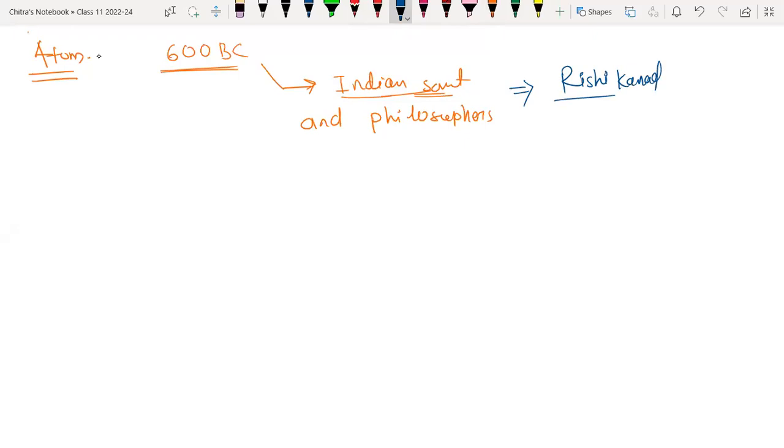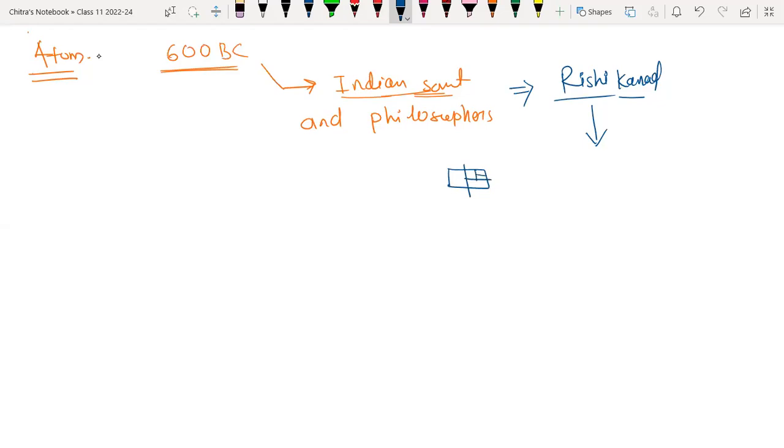Rishi Kanath was the first. About 600 BC, he explained the atom. What he did basically was perform experiments on different matter he found around him, and he broke them again and again into simpler forms. Suppose here we have a matter. He broke that into two parts, again into two parts.